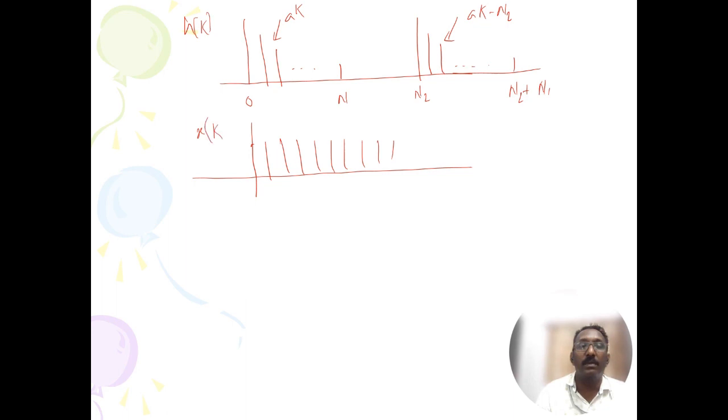Now, calculating y of n is equal to the summation of H of k, keeping H of k constant, times X of n minus k. For different values of n, we have to plot this X of n minus k.